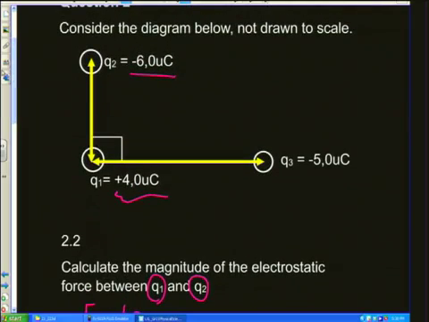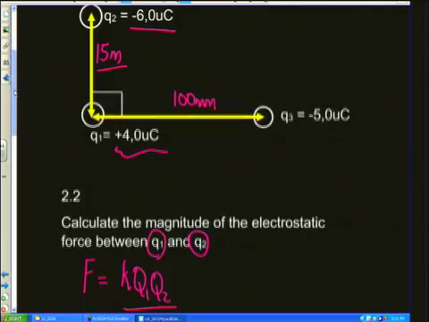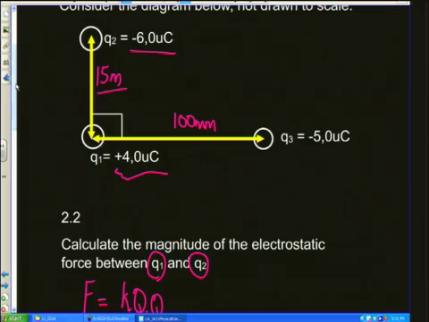Now, what is r? Let me put it down here. There was something missed on this question. That's 15 meters, and let me also put this one here. This one is 100 millimeters. Due to this length here, let me see if that is 15 centimeters.